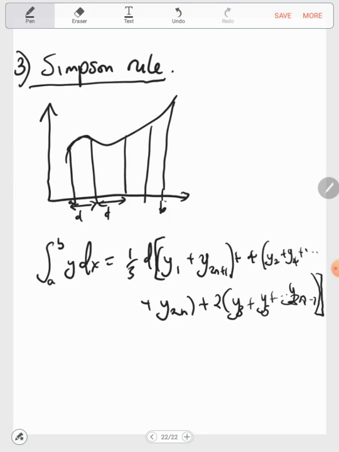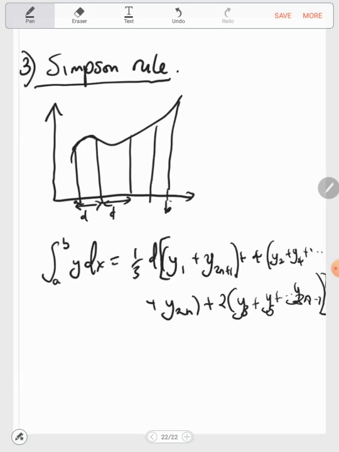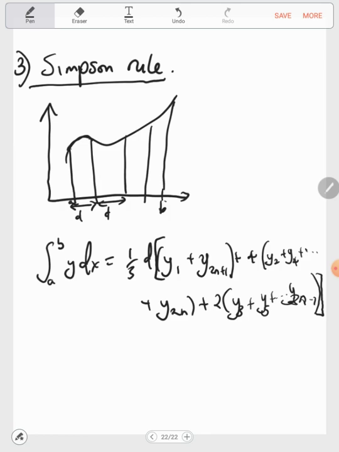So you just have to know we have 1 over 3 d, then we add the first and last, plus 4 multiplied by the even, plus 2 multiplied by the odd coordinates.